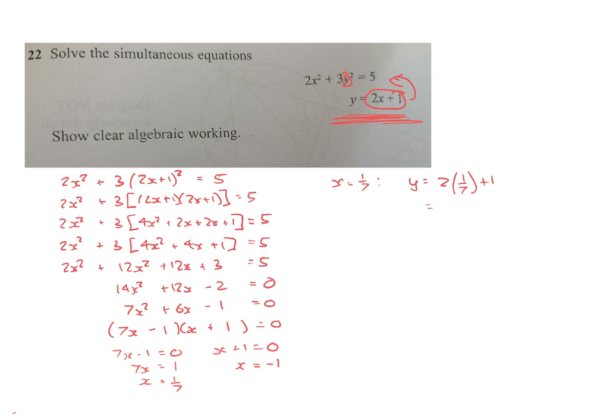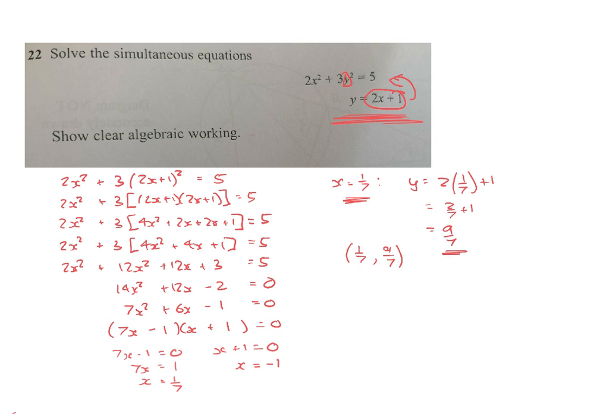So that's going to be 2/7 plus 1. Well, 1 whole one is 7/7, so that's going to be 9/7. So that's one pair of solutions. 1/7 goes with 9/7. I'm going to put them in brackets, but you don't need to. We've got our mark here by showing the two values and they correspond.